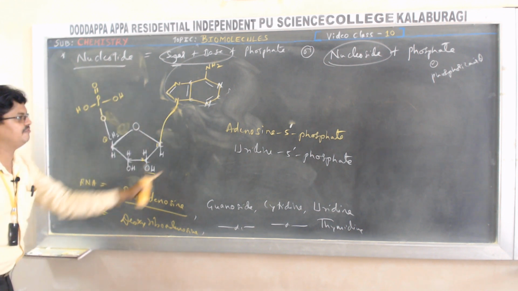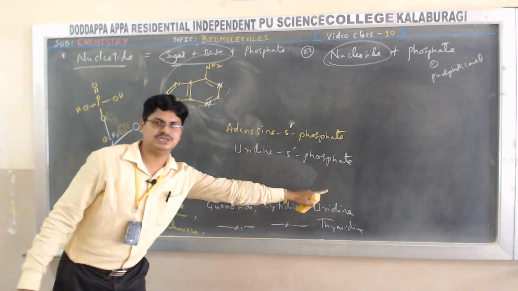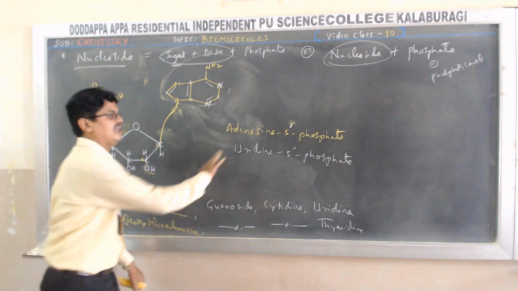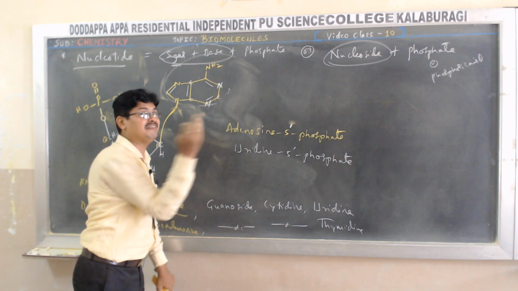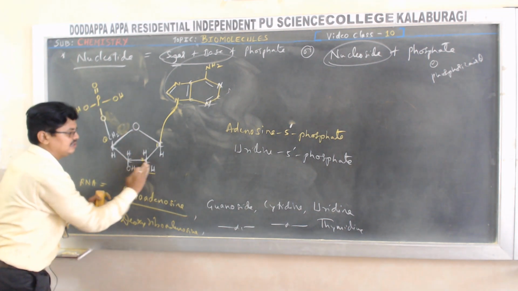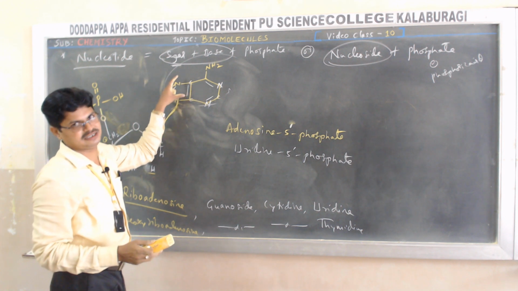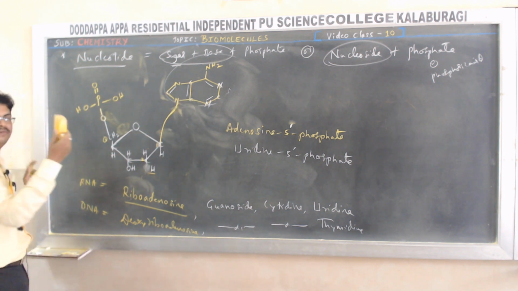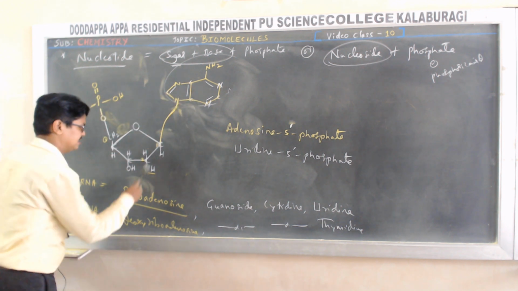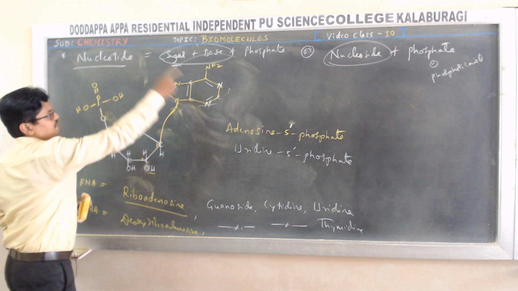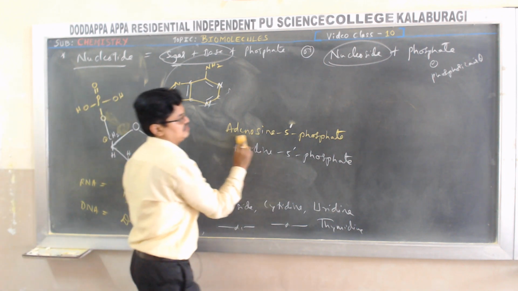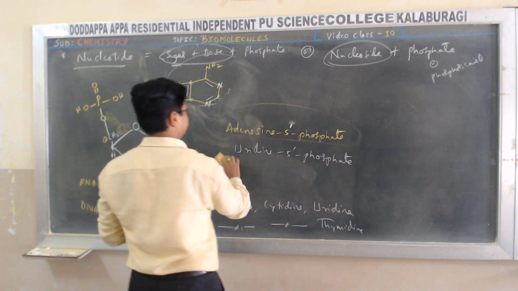This is the structure of uridine 5-phosphate. If you want to write the structure of thymidine 5-phosphate, here remove the OH, and write the structure of what? Thymine. Write the structure of thymine. That becomes the structure of thymidine 5-phosphate. So now this is the structure of adenosine 5-phosphate.